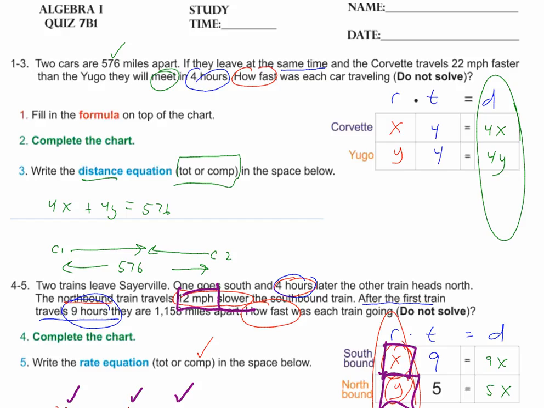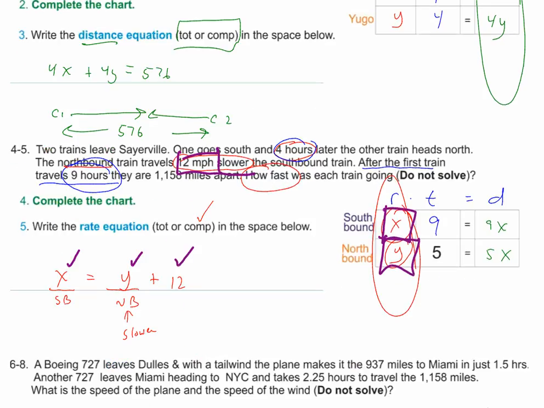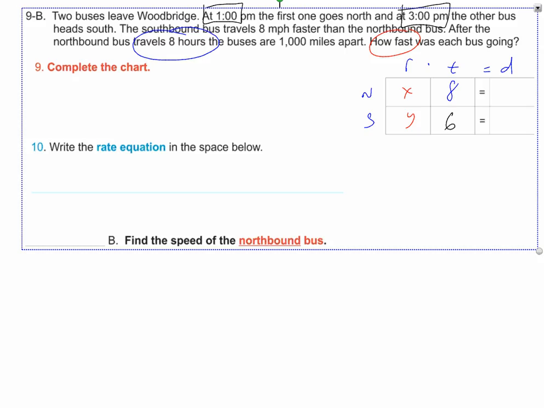I did try to help you here because this is a similar concept to this problem. And I helped you out by giving you the 5 in that one. So I did try to help you, but again, some of you missed that. So now we know that the distance is 8x and the distance is 6y.